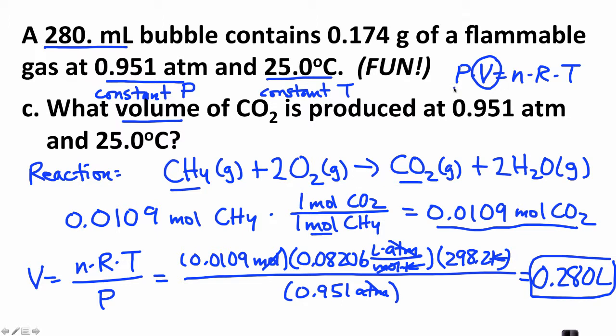And if the pressure and temperature are constant, then they don't change during the process. And of course, R is always a constant. So under these conditions, volume and number of moles are directly proportional to each other. So it would be as simple as saying if we have a certain volume of CH4, it's going to produce the same volume of CO2, providing, of course, pressure and temperature are constant.